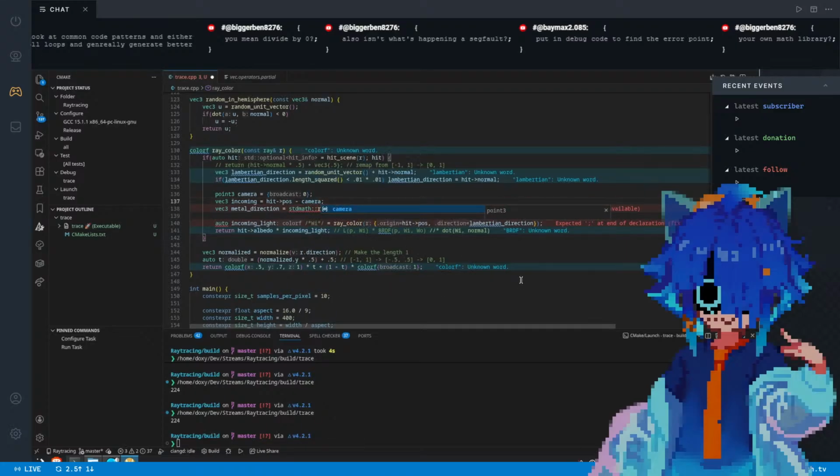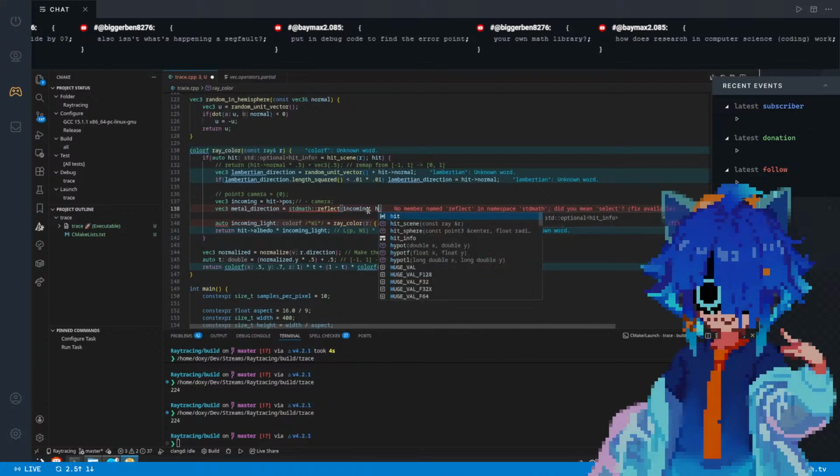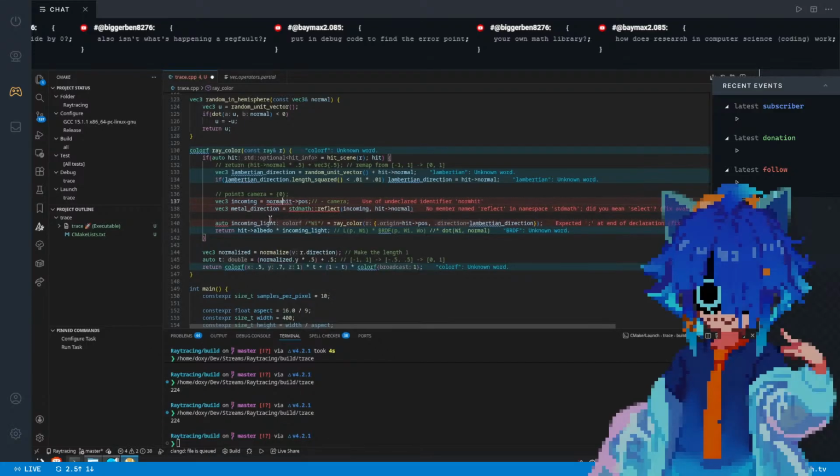But we can simplify, since we know that the camera happens to be at 0 right now, just to the hit position. So we're going to reflect our incoming direction along the hit normal. But we are going to make sure that we normalize this value.